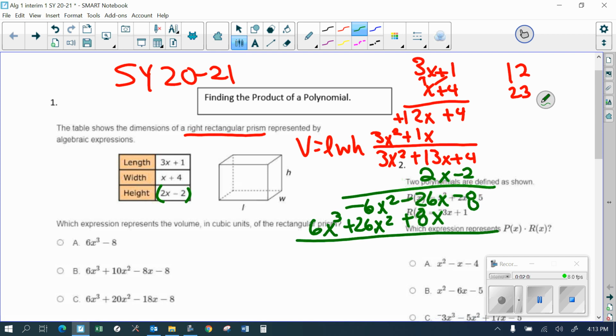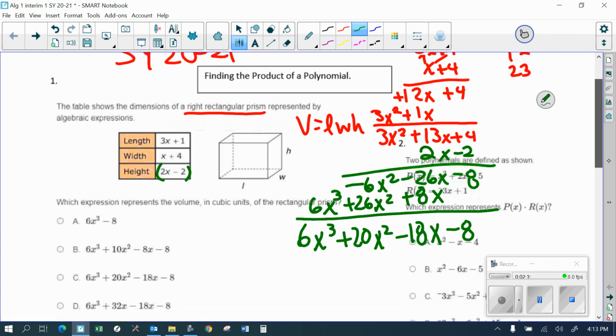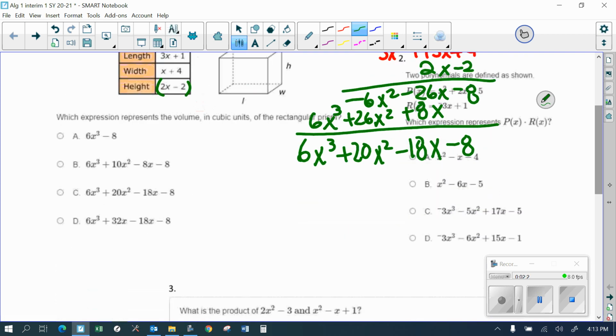And add straight down, I get 6x cubed because they're like terms. 26 minus 6 is plus 20x squared. 8 minus 26 is negative 18x, and minus 8. There's my answer. Now I go ahead and look for that. 6x cubed plus 20x squared minus 18x minus 8, right there. There it is.